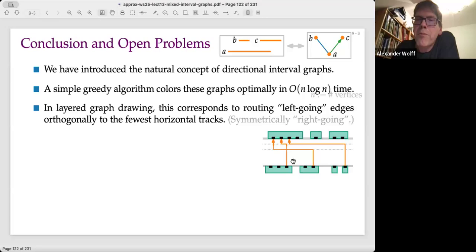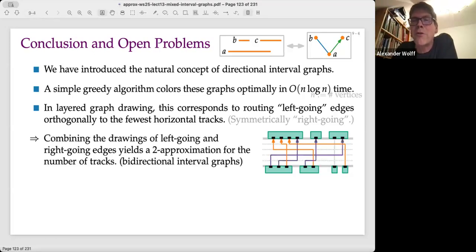Now this solves the problem, in my original graph drawing problem, for the edges that go to the left. And of course, you can apply the same algorithm for the edges that go to the right. In this way, you get a two approximation for solving the actual problem of combining the left going and the right going edges in your drawing.